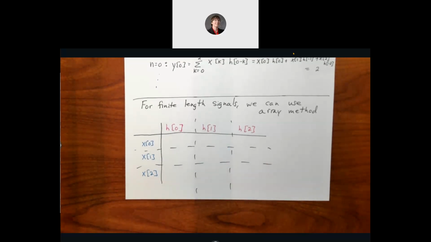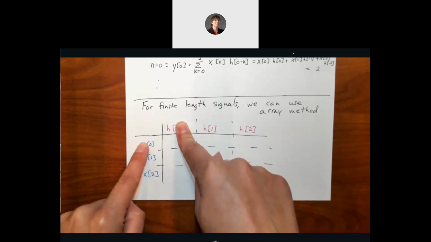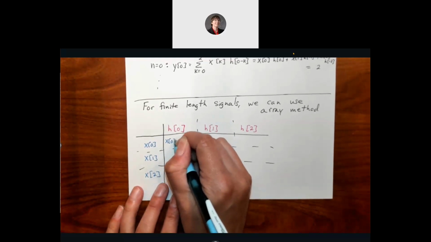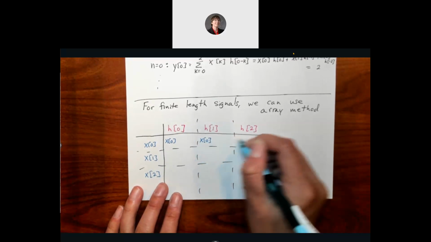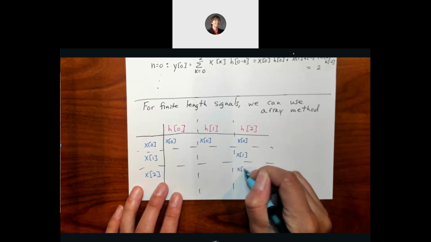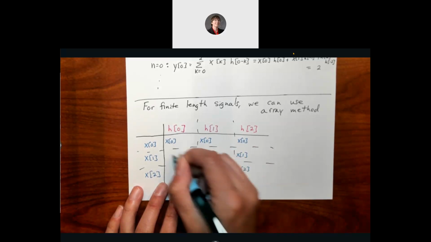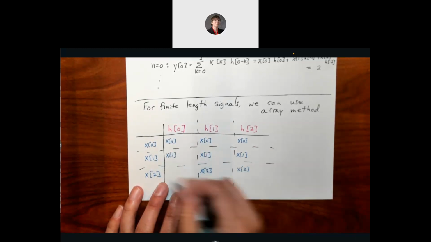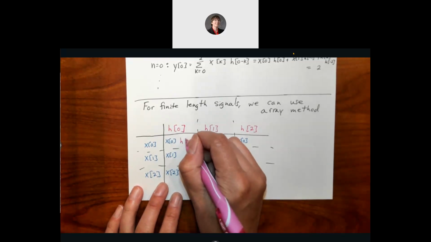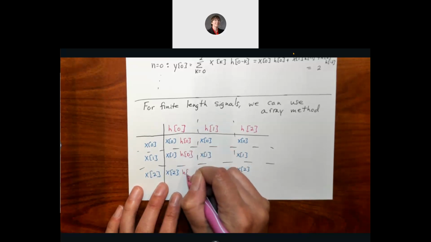And so what I do is I form each element of the array by taking the column header and the row header and multiplying them together. So I'm going to get all of my x's across the row, and I'm going to get all those h's across that column.